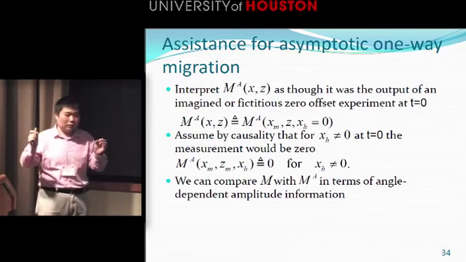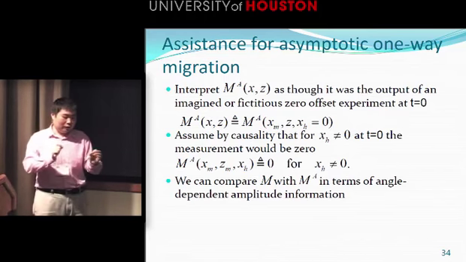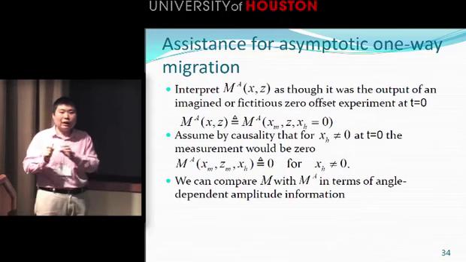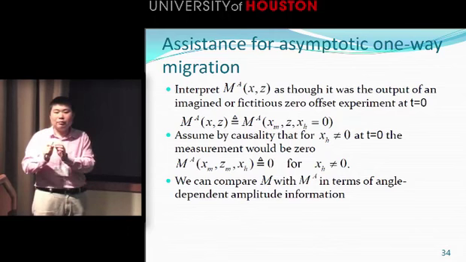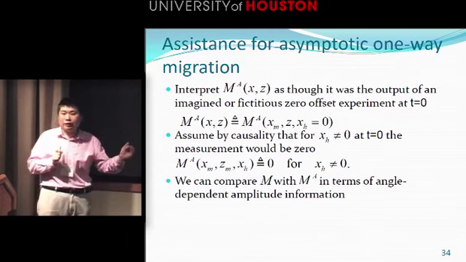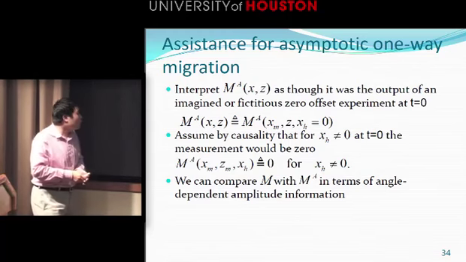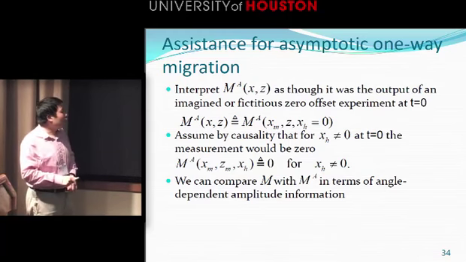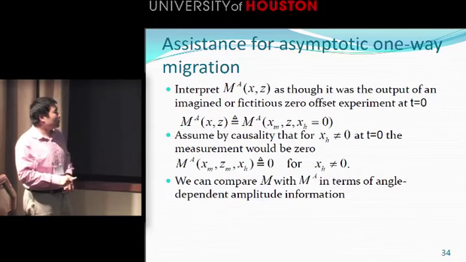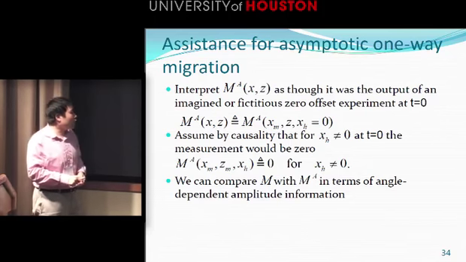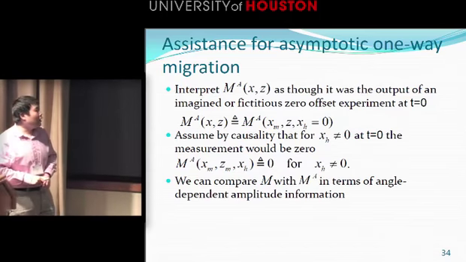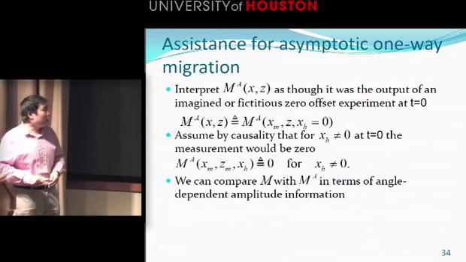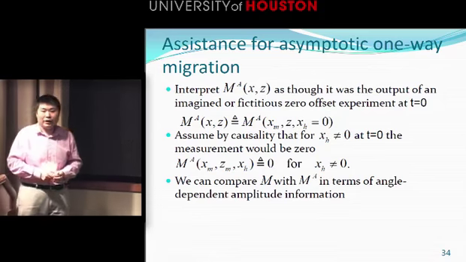Because if you put a source and receiver at some depth with some distance and ask for time equal to 0, the answer will probably be 0, because the wave needs time to travel from the source to the receiver. Now we also have subsurface offset freedom for the asymptotic migration. So we can compare the wave equation migration with this asymptotic migration in terms of angle-dependent amplitude information.